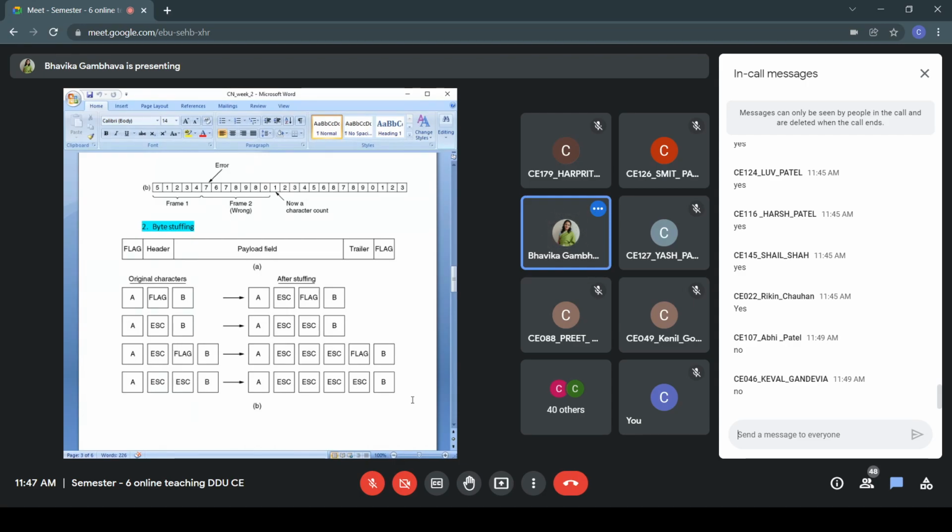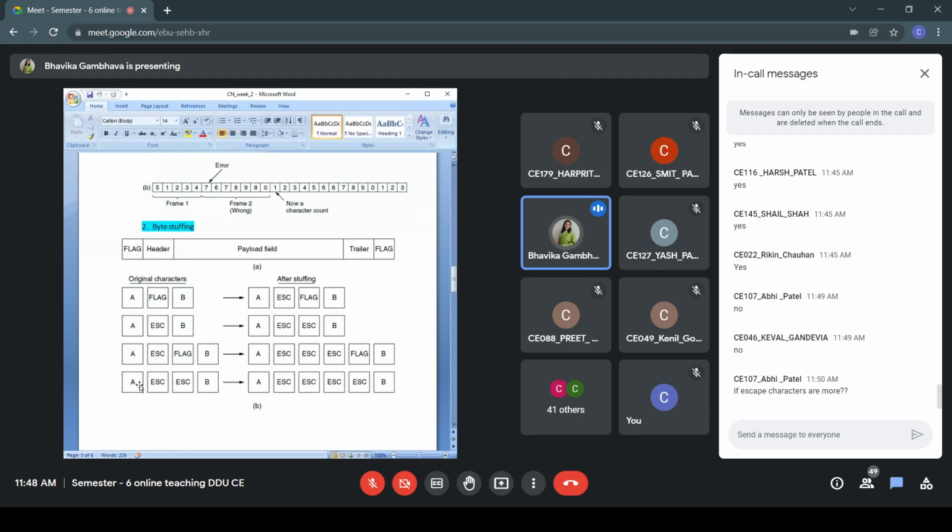Yes, so here if escape characters are more, then that many escape characters we will be inserting. Here there are two escape characters. So before one escape, you are going to insert an escape. Before the flag, we are going to insert an escape. So whenever there is an occurrence of escape or flag, we will insert one escape before that. So here it will work.